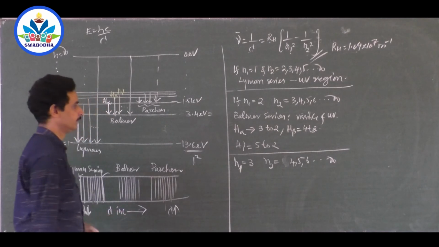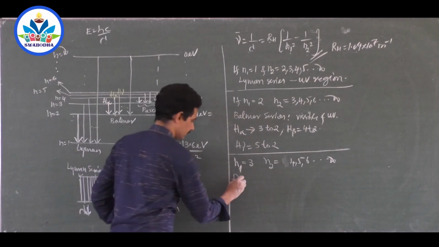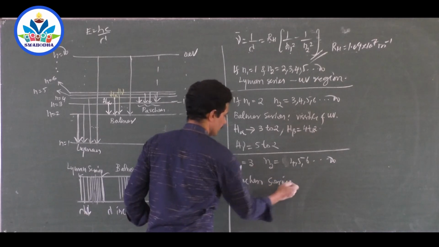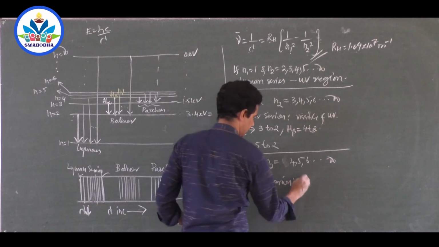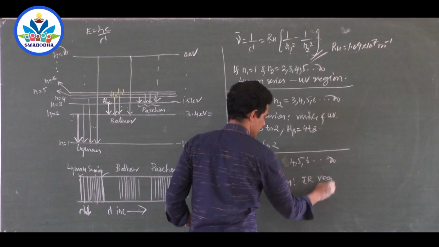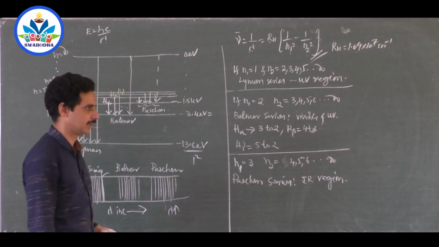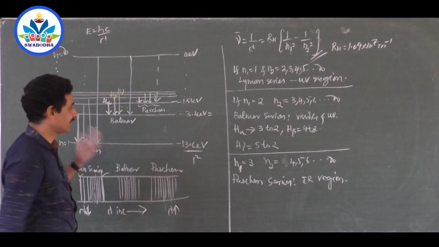That is called the Paschen series, and this comes under the infrared region. It can't be seen. It is a higher wavelength again. So you can describe it like this.